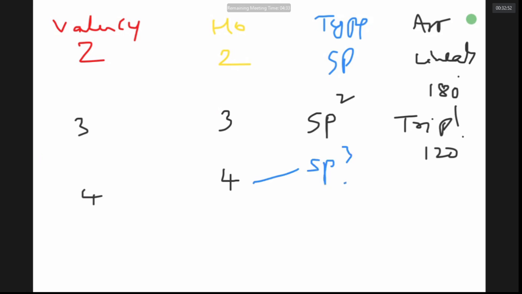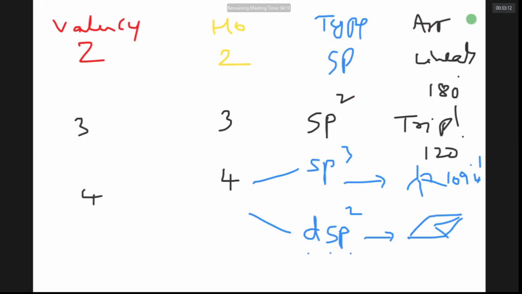If they are sp3, they are like a tetrahedron with 109 degrees 28 minutes. Or it can be dsp2. It may use a 3d orbital, 4s, 4px, 4py. Then these are like square planar, at a 90 degree separation.